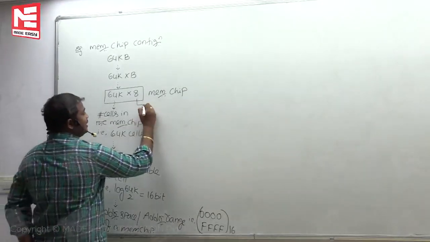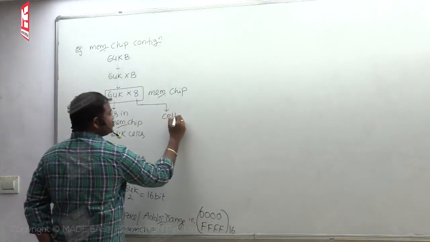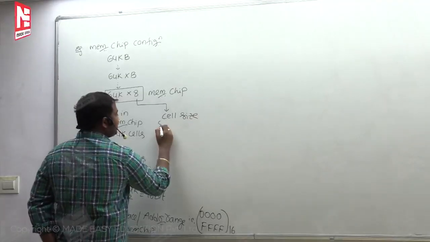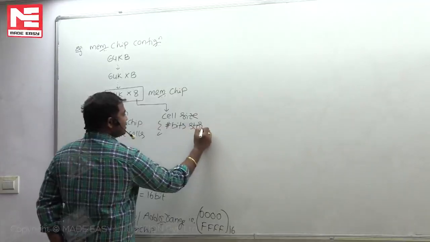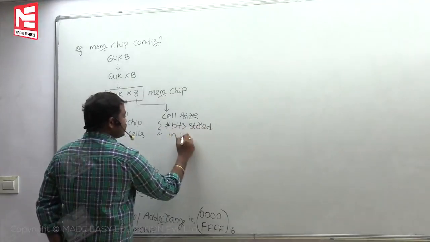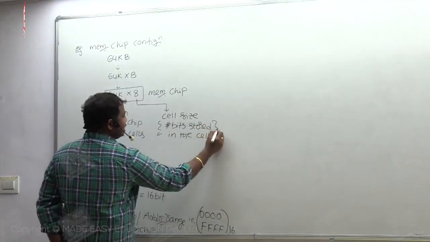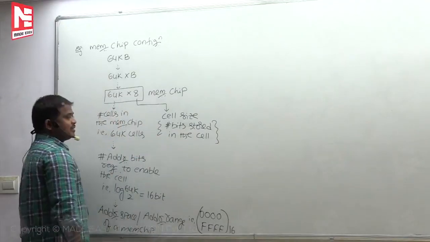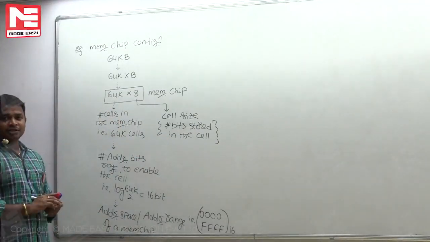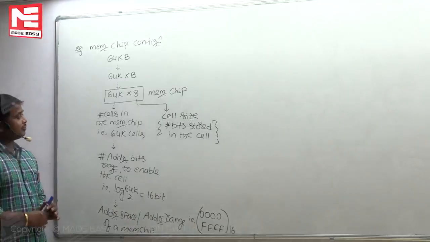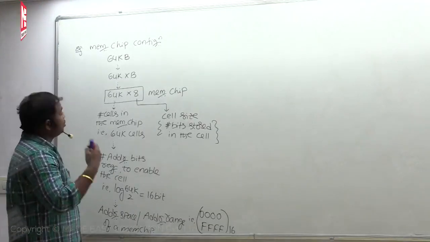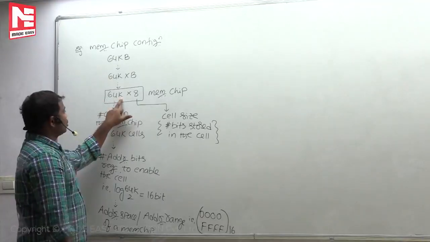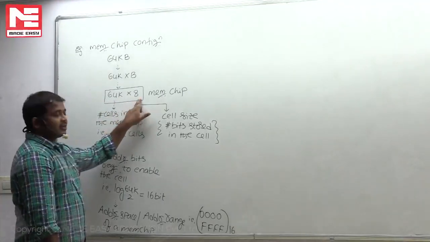The next parameter indicates the cell size. Cell size means the number of bits stored in the cell. In each cell, 8 bits of storage space is present. So 8 bits of information are stored in the memory cell. Is it okay? Now in this memory chip, we can conclude like this: 64 kilo rows are there, 8 columns are there.